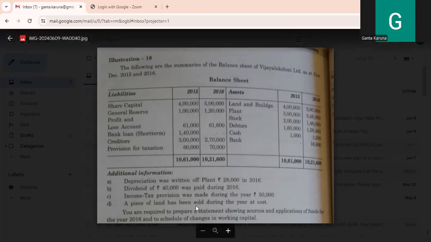And a piece of land has been sold, he said. So I'm going to prepare a land account again. So totally from this statement, I'll prepare three different accounts. So shall we now? So now we are going to begin.